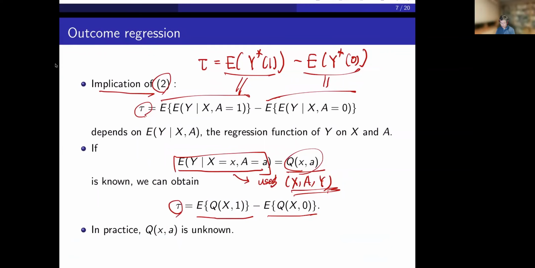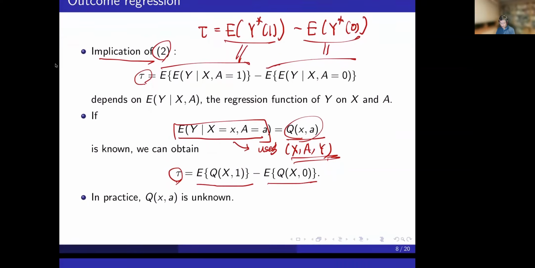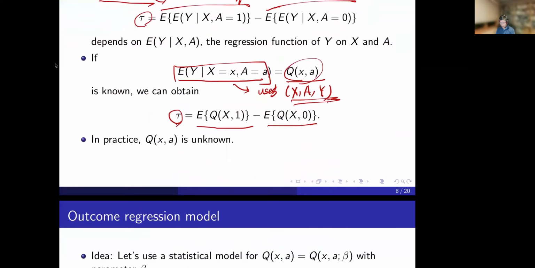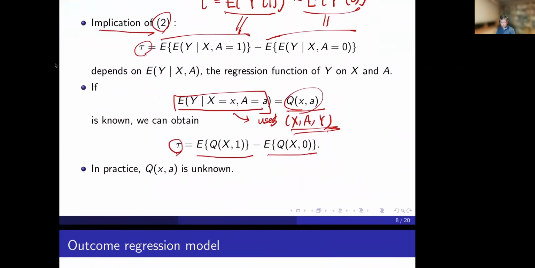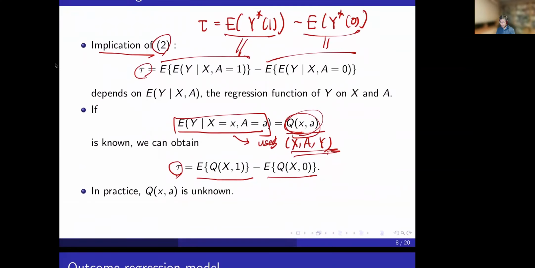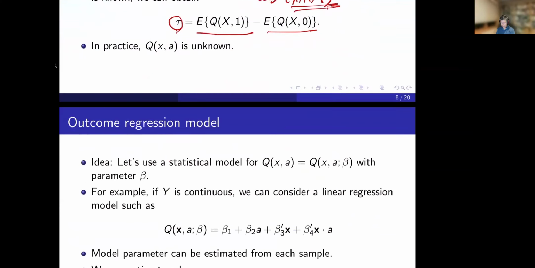So that is the parameter that we are interested in estimating. But to apply this idea, we need to obtain this function q, right?